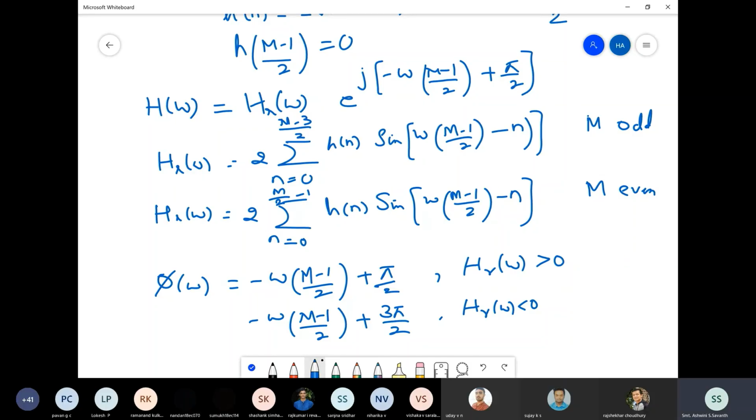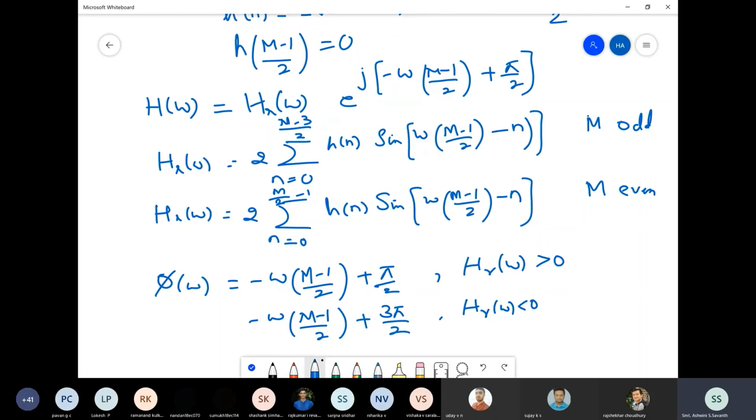Even in the lab, you're going to design an FIR filter and plot its filter coefficients and the frequency response. Then you can observe this characteristic of the FIR filter, that it is symmetric about the midpoint. So with that, we have derived the frequency response.